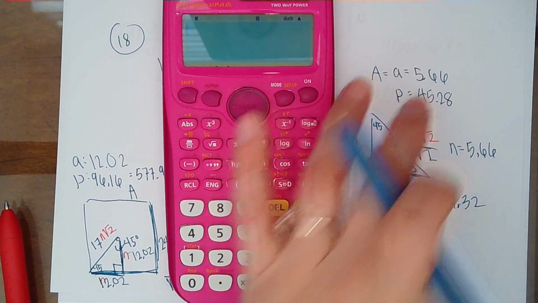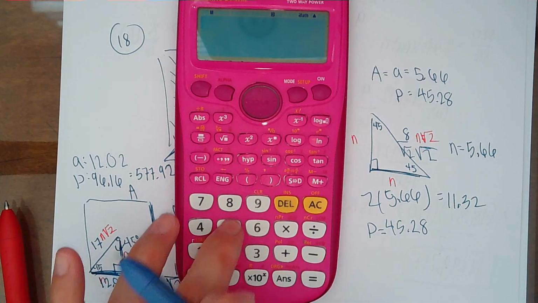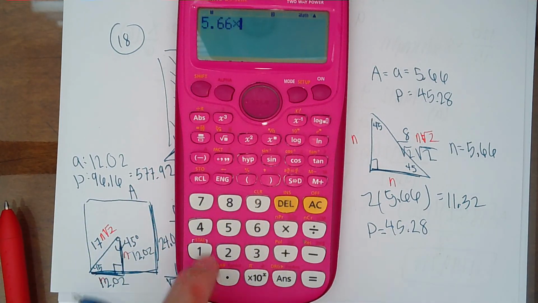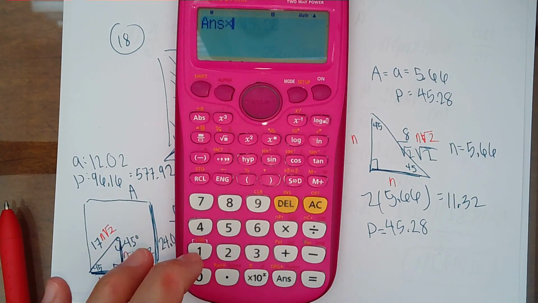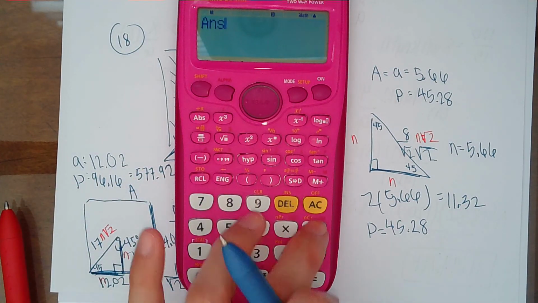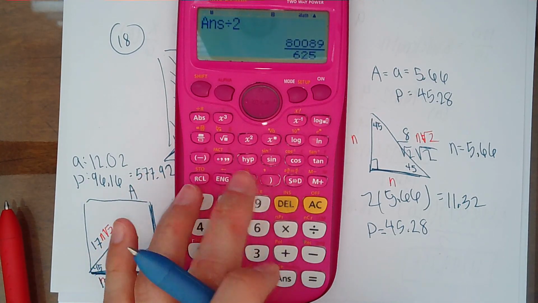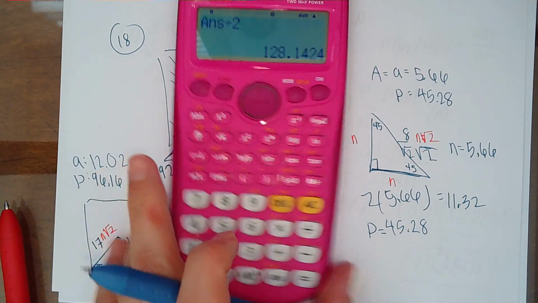Now I can find my area by multiplying them together. So 5.66 times 45.28 and dividing by 2. Oh my gosh.